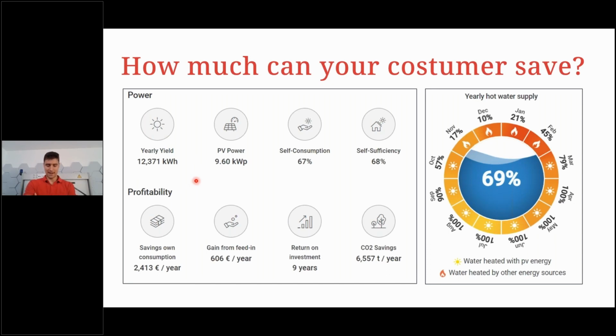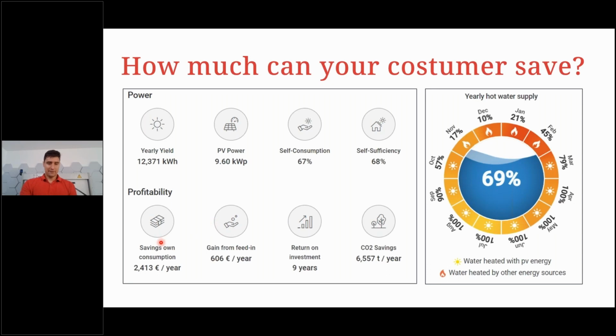In this case, I was assuming this house is in Wels, so at the site of the Fronius company, and it gives us a self-consumption and a self-sufficiency rate of almost 70%. What does this mean? This means that 70% of all the energy that this household needs is covered by their PV system. So please remember, again, it's mobility, it's heating up water, it's heating up the house, it's the battery. All of this stuff is covered, and by 70%.